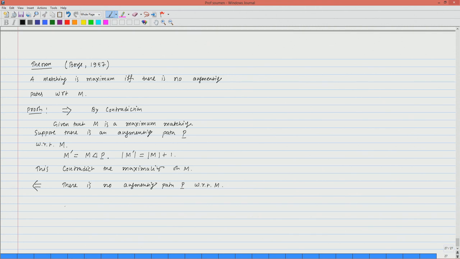Okay, so this part is also using contradiction. You have to prove that M is a maximum matching.